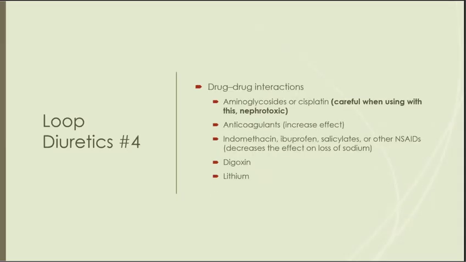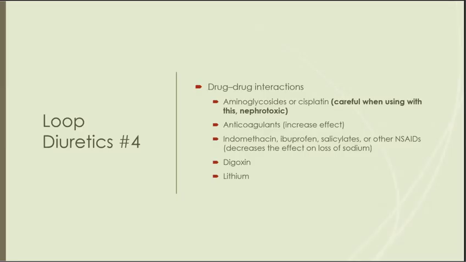Loop diuretics, such as furosemide, have several important drug interactions. They can increase the risk of kidney and hearing damage when combined with aminoglycoside antibiotics like gentamicin, because gentamicin by itself can cause hearing loss. So if you're doing a double whammy with Lasix and gentamicin, you already know the patient is going to start reporting ringing of the ears, or with chemotherapy drugs like cisplatin.